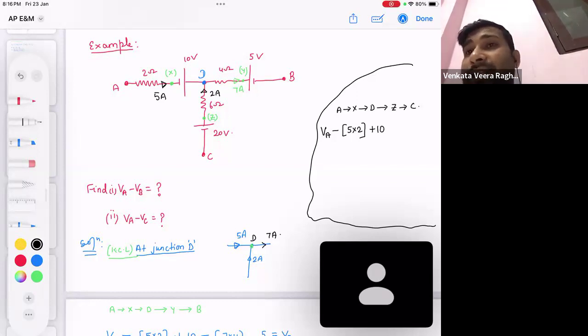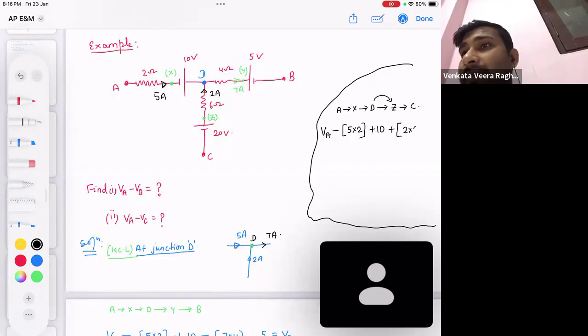Now D to Z. See, interesting thing. Current is flowing from Z to D. Meaning Z is high potential, D is low potential. And I am going from D to Z, that means I am going from low to high potential. So plus. How much plus?